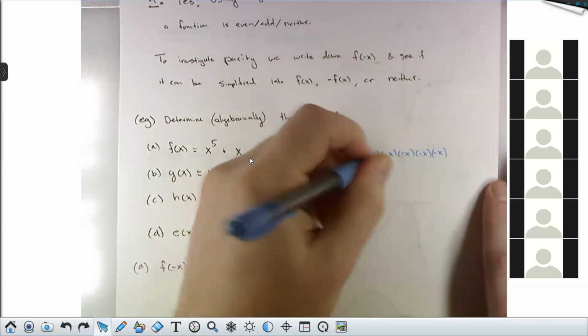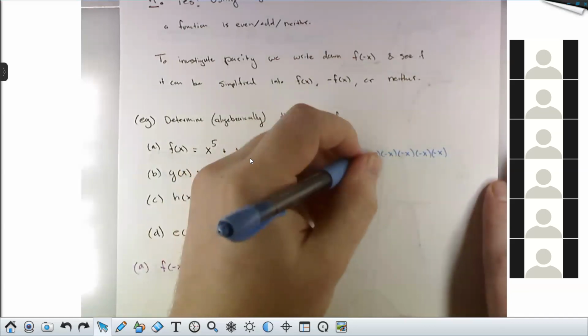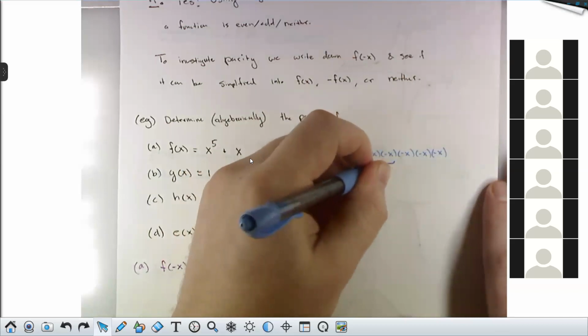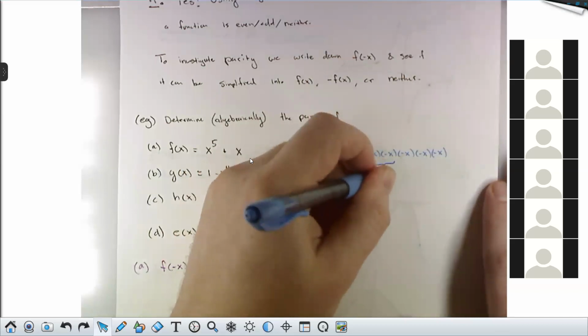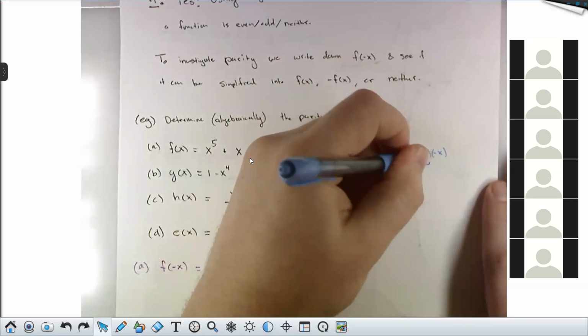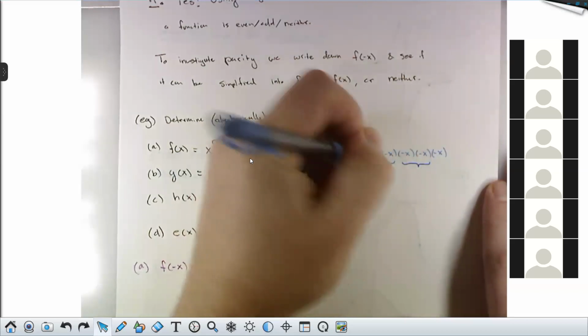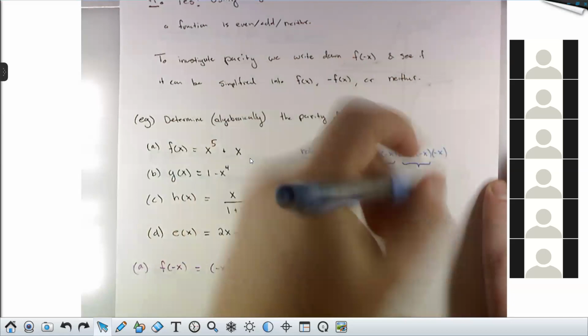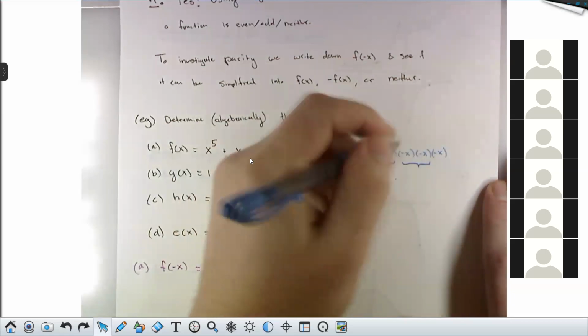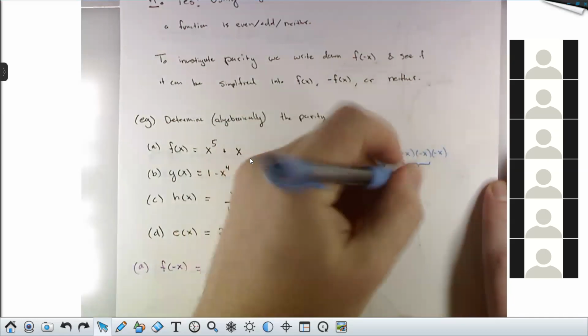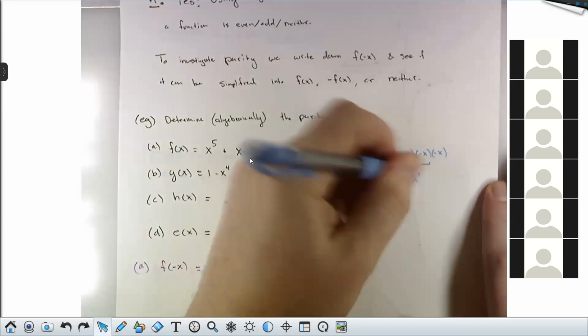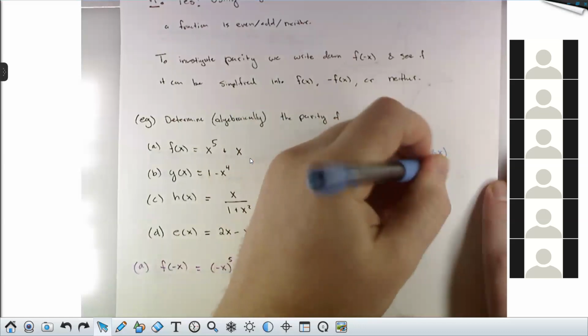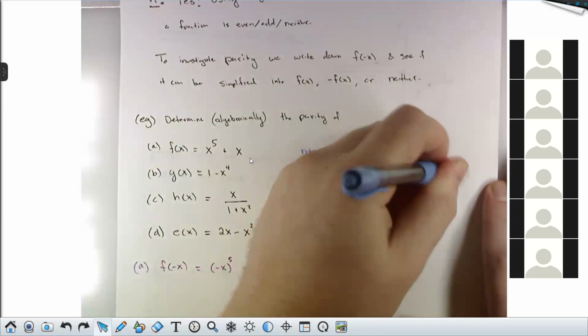So I've got negative times negative here. That's positive. So these two pieces give me positive x squared, right? Negative times negative is positive. Times these two pieces, same thing, right? Negative x times negative x, that's positive x squared. And then this last guy, negative x, is just negative x.